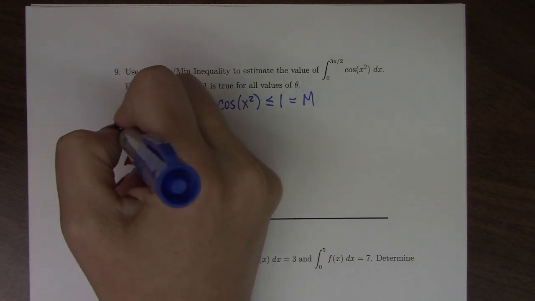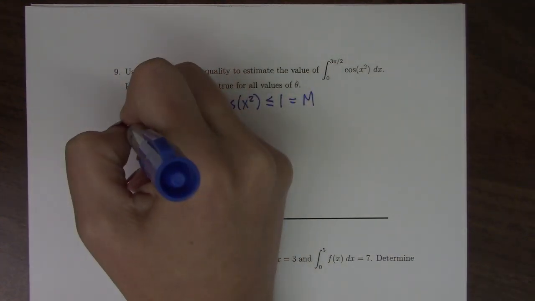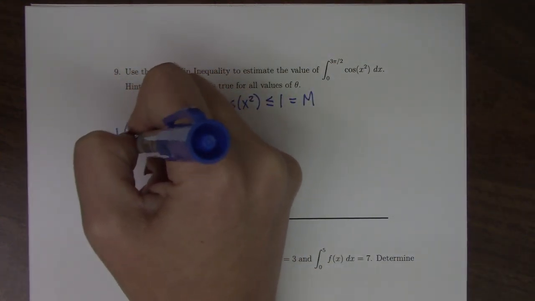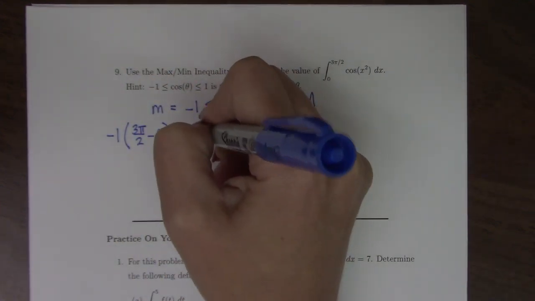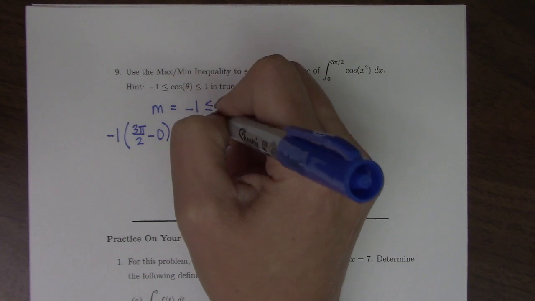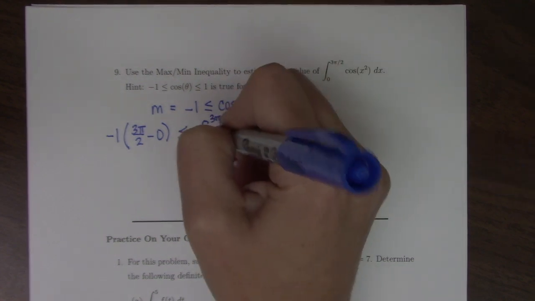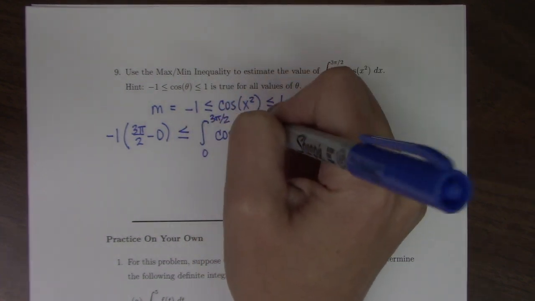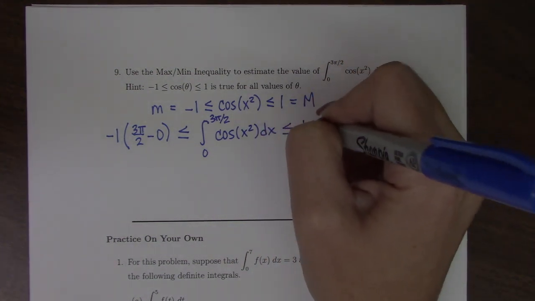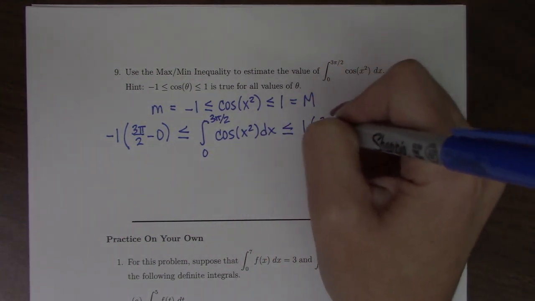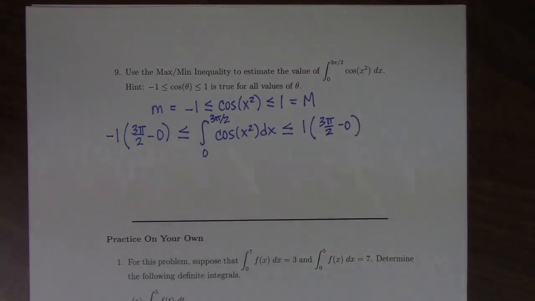So -1 times b minus a, which is 3 pi over 2 minus 0, has got to be less than or equal to the integral from 0 to 3 pi over 2 of cosine of x squared dx, which is less than or equal to +1 times 3 pi over 2 minus 0.